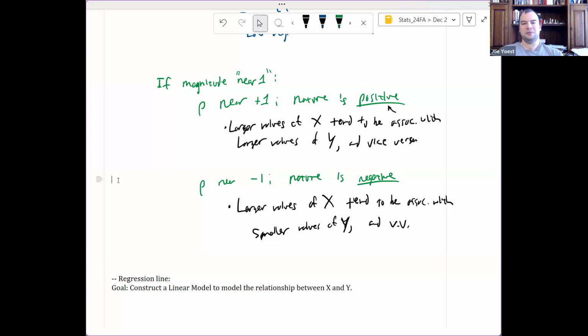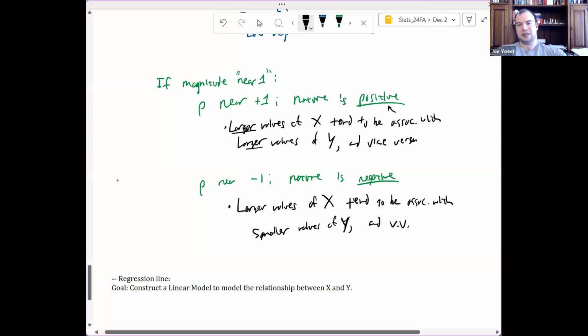They just are what they are. What we're measuring here is the association between these variables. In a positive relationship, larger values of x tend to be associated with larger values of y and smaller with smaller. In a negative relationship, larger values of x tend to be associated with smaller values of y and smaller with larger.